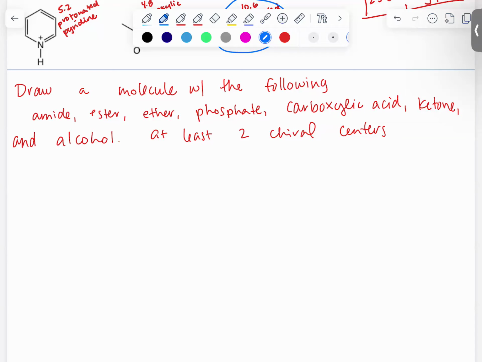It says amides look like. You've got to draw a molecule that connects all of them. I will. Okay.